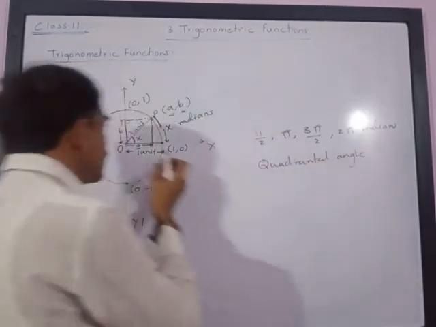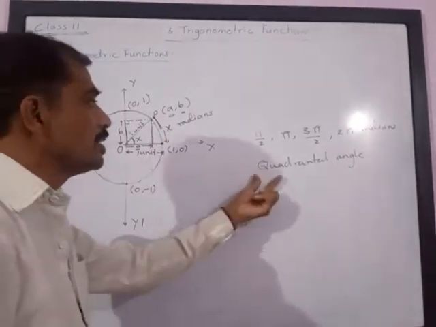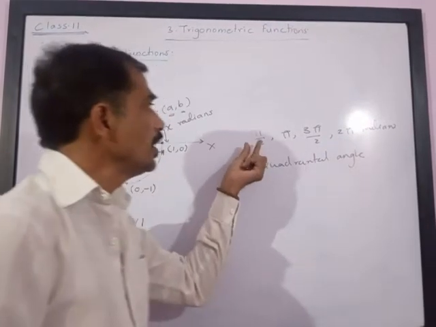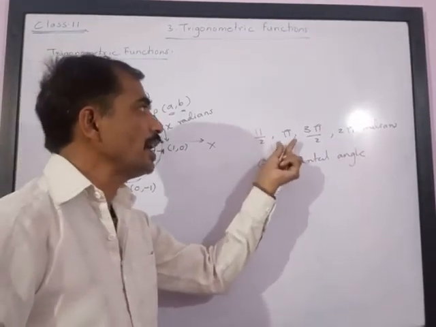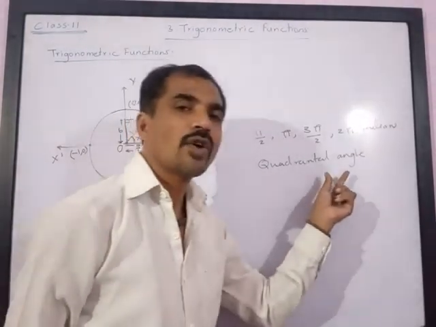That is, if the terminal arm is on any of the axes, then we call that angle a quadrantal angle. So here, if the measure is pi by 2 radians, pi radians, 3 pi by 2 radians and 2 pi radians, then the angle is a quadrantal angle.